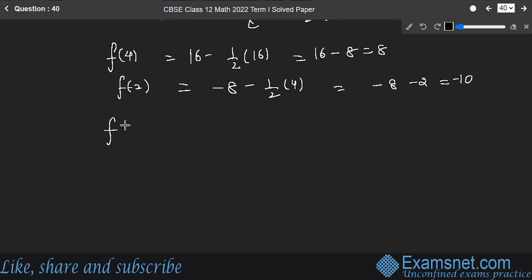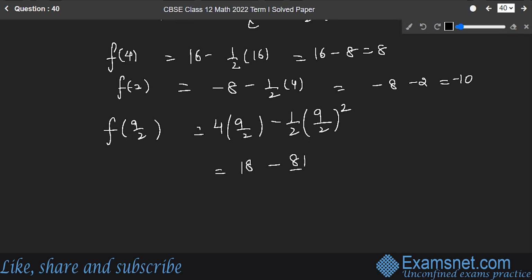Also, f of 9 by 2 is equal to 4 into 9 by 2 minus 1 by 2 into 9 by 2 square, which is 18 minus 81 upon 8, that is equal to 7.875.